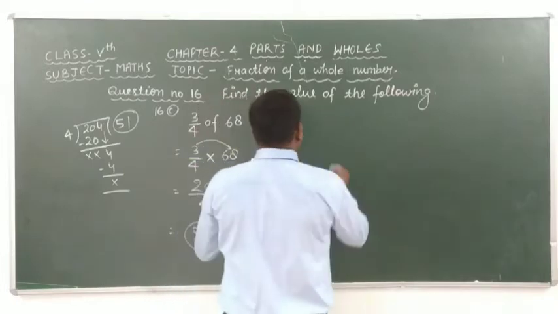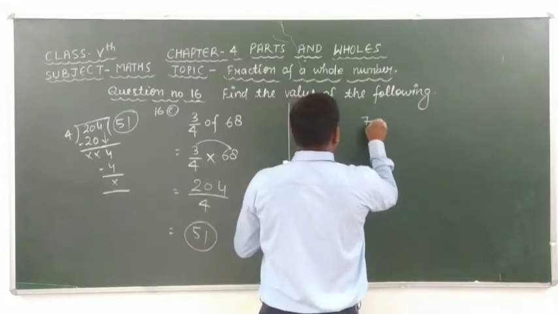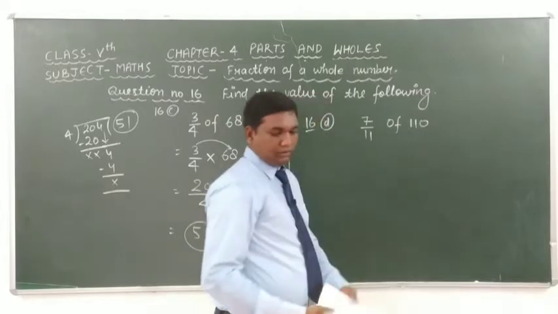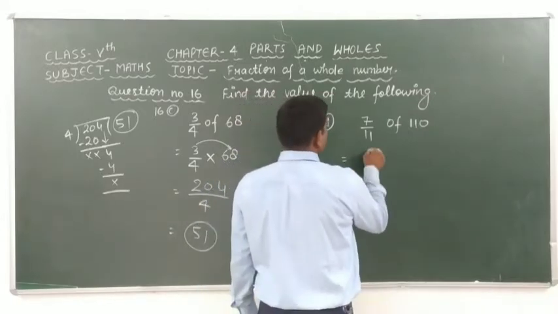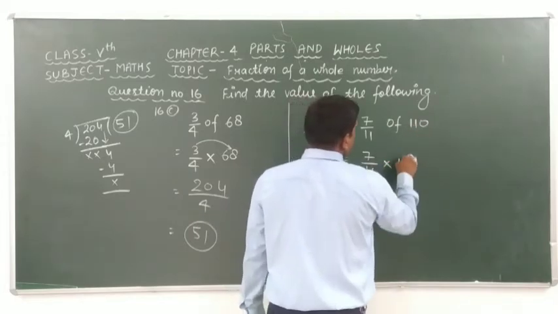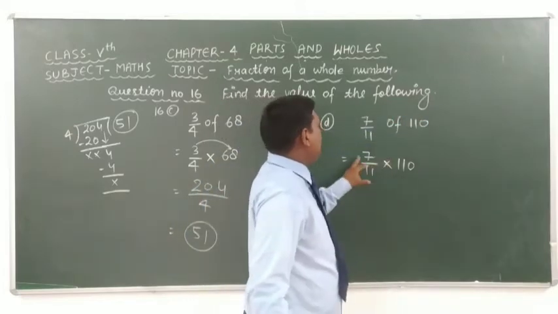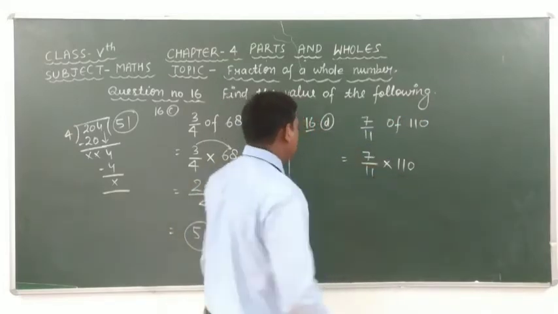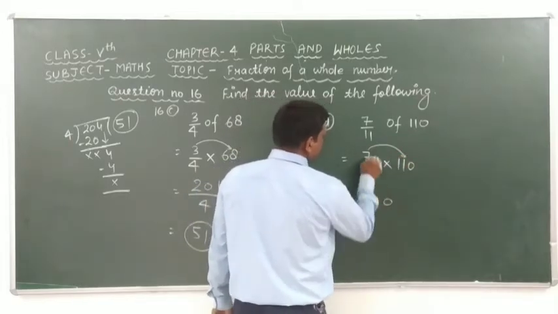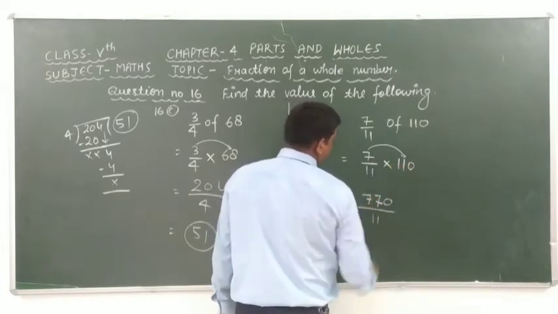Question number 16 of D. Here given that 7 over 11 of 110. Look at here carefully. 7 over 11 into 110. It means that this can be written as 7 over 11 into 110. Okay students, after multiplying these we get 7 times 0 is 0, 7 times 1 is 7 and 7 times 1 is 7, so 770 over 11.